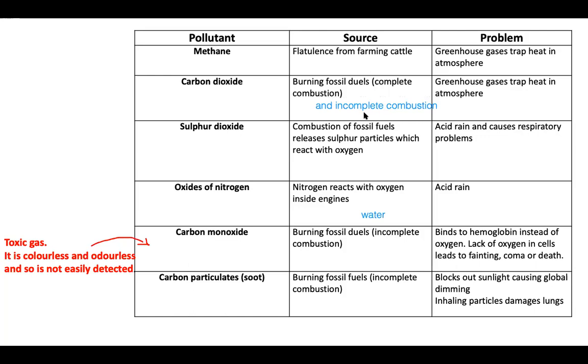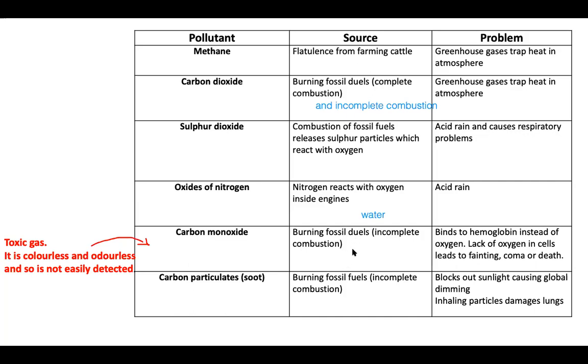Sulfur dioxide comes from the combustion of fossil fuels when sulfur particles react with oxygen. This causes acid rain, and it can also affect your respiratory system. Oxides of nitrogen react with oxygen inside engines to form, and that causes acid rain. Carbon monoxide, remember it's toxic, but it's colorless and odorless, so it's hard to detect.